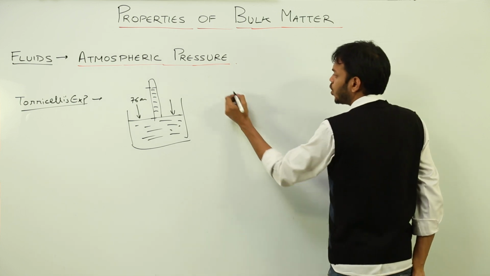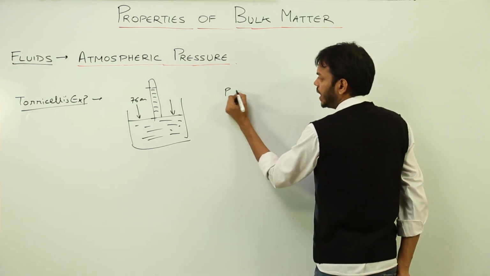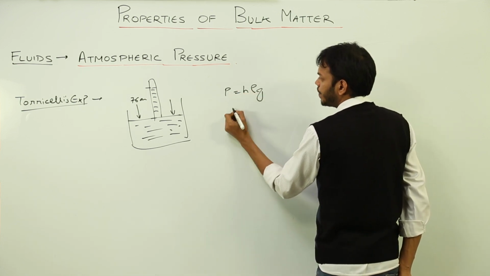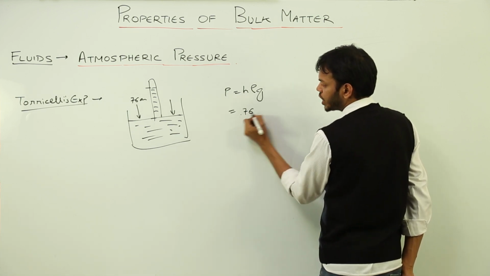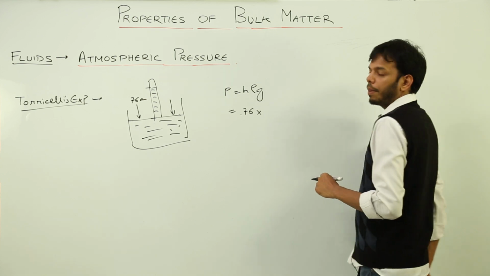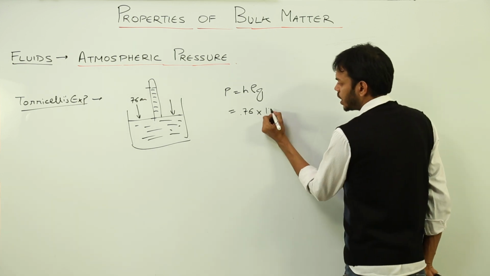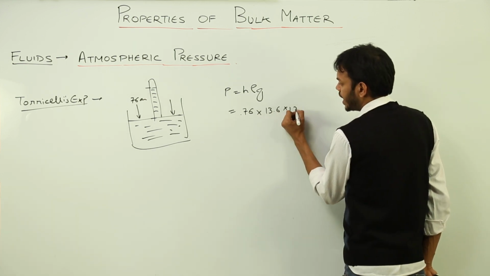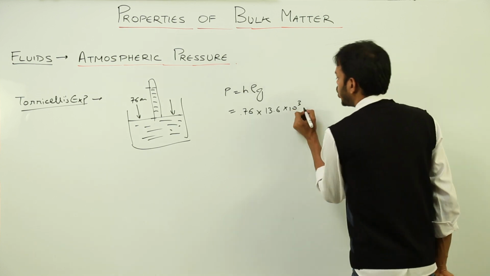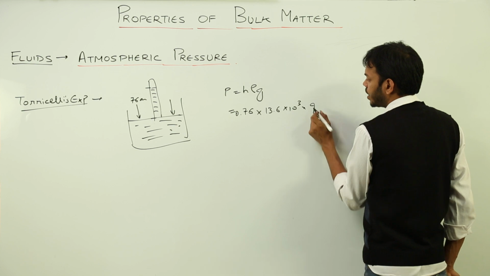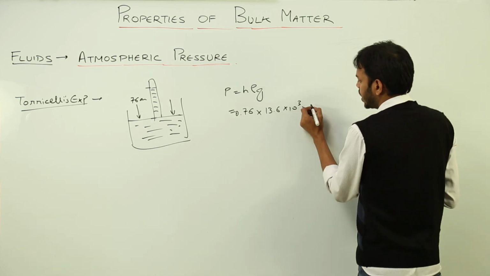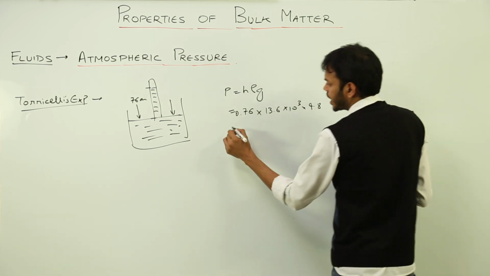According to that theory, if I use P equals h rho g, the height of the mercury column is 76 centimeter, that is 0.76 meter. The density of mercury is 13.6 into 10 raised to power 3 kg per meter cube, multiplied by 0.76, multiplied by the acceleration due to gravity, 9.8 meter per second square.